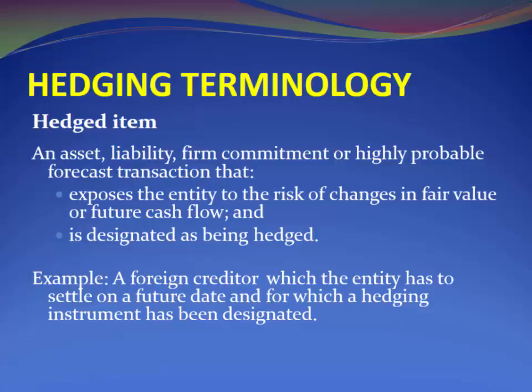For example, a foreign creditor which the entity has to settle on a future date, and for which a hedging instrument has been designated. That will then be your hedged item. So if you want to purchase an asset and you still have to order that asset, and now you're hedging it by way of a FEC, your hedged item will be that PPE asset that you are purchasing.